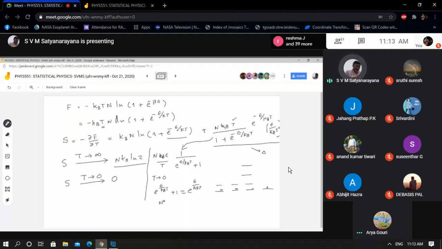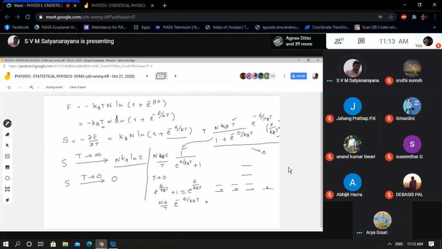So you have n epsilon by t into e to the power minus epsilon by kb t. As t goes to 0, this denominator also goes to 0 and the numerator also goes to 0. But the numerator exponentially goes to 0, so the numerator is the dominant function.